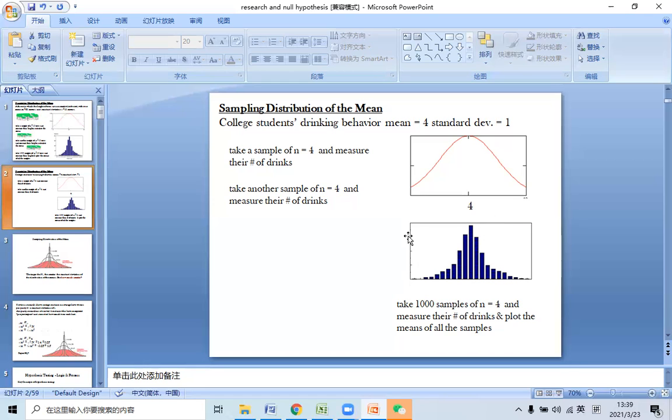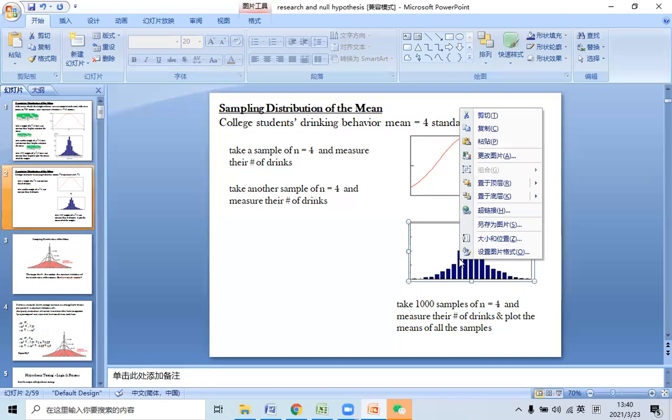The y-axis is still the frequency, and the x-axis is the number of beers of each sample mean. You can see the center, or the mean, is still the same as the distribution of individuals.